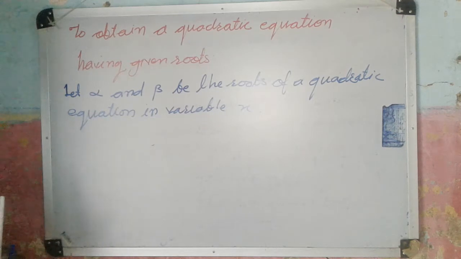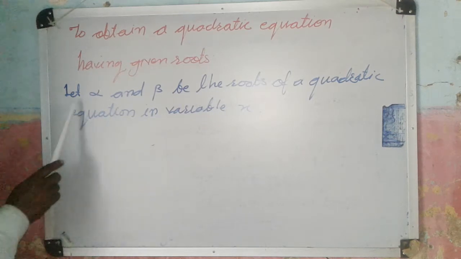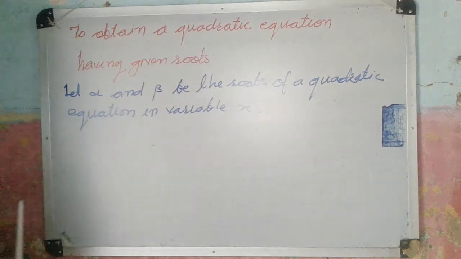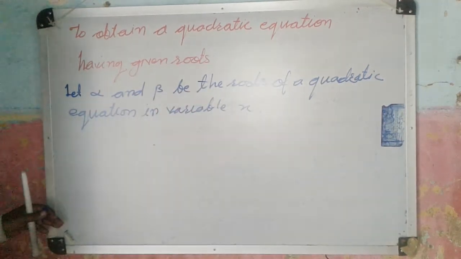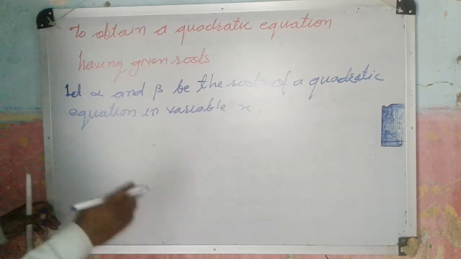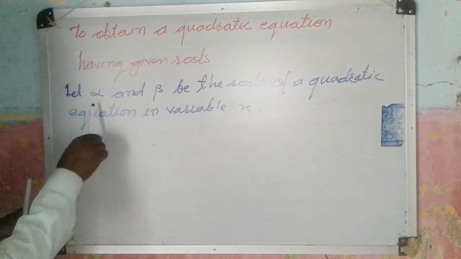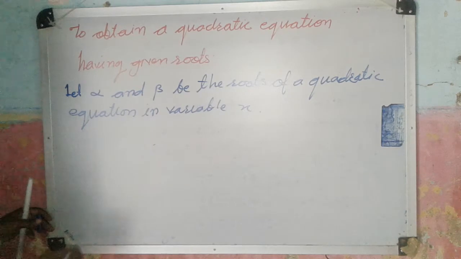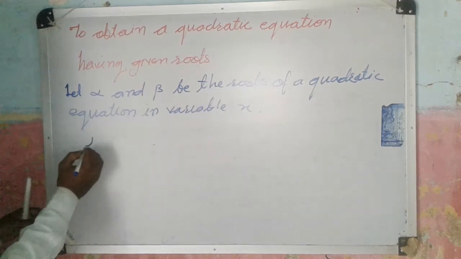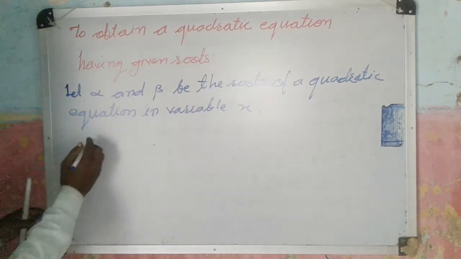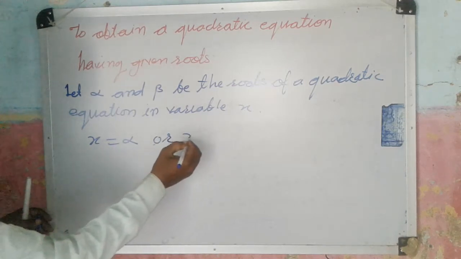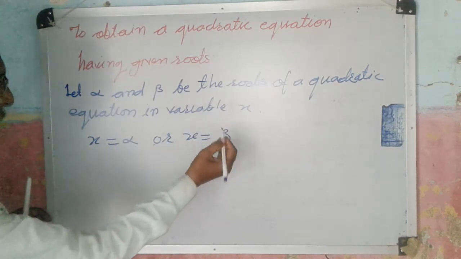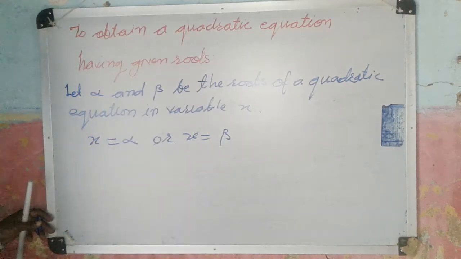Now see here, let alpha and beta be the roots of a quadratic equation in variable x. That means alpha and beta are the roots. That means we have x is equal to alpha or x is equal to beta.